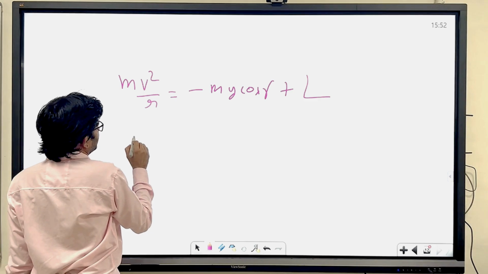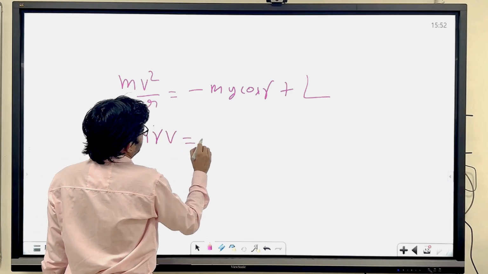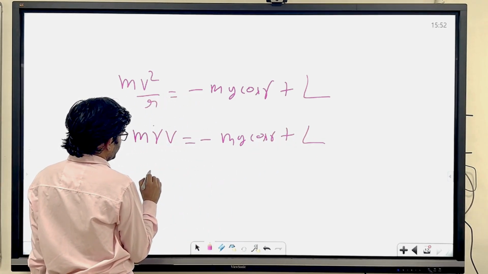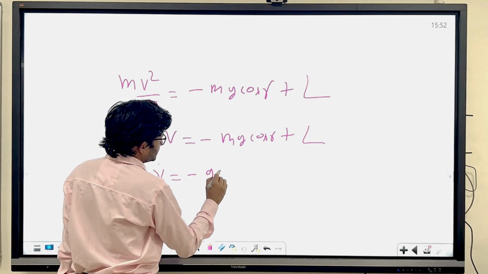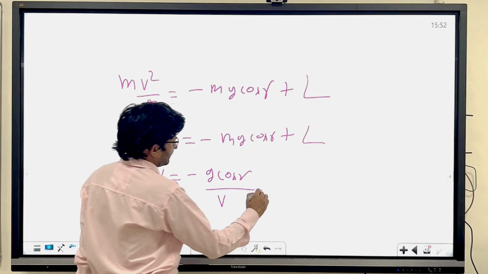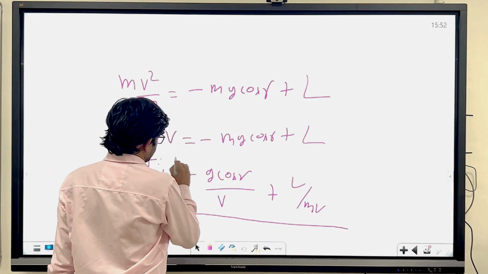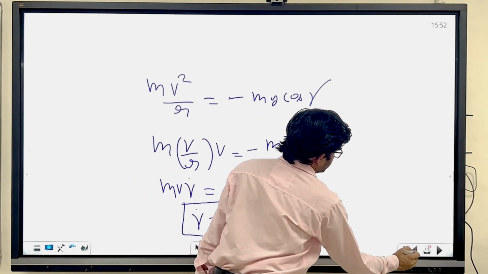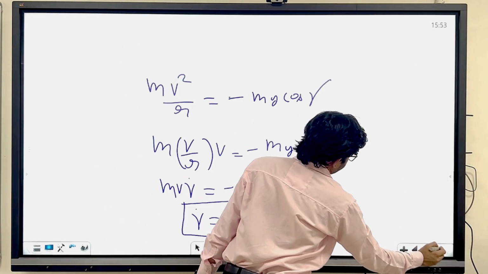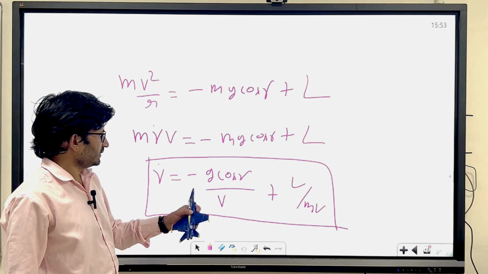Now again divide by m and V by r, and you can write gamma dot V equals minus mg cos gamma plus lift, you divide by mV, you will write gamma dot equal to minus g cos gamma by V plus L by mV. And this equation 1 will remain the same, because your lift is directly perpendicular to the speed.